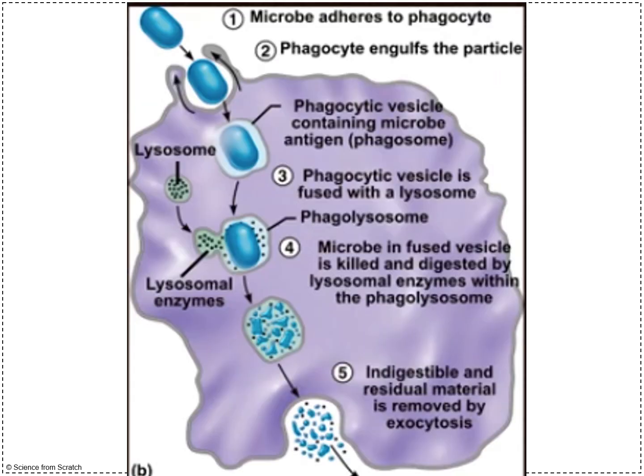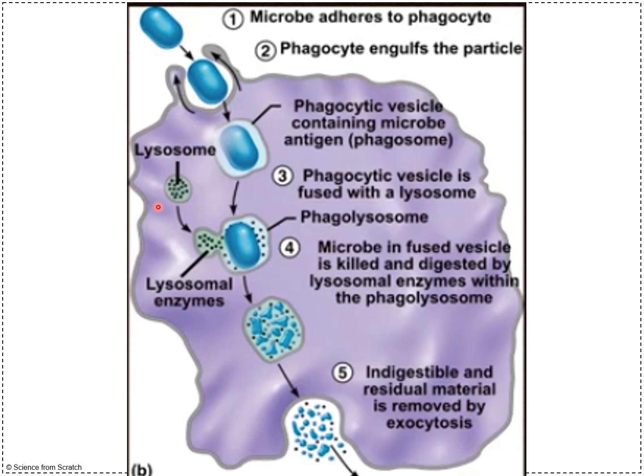And so when this happens, this is actually a nice diagram because you can see the purple blob is actually the phagocyte, and this little blue rod is the microbe. And so that microbe will adhere to the white blood cell, and that cell membrane will start to surround the microbe, and it will form a vesicle around the microbe, drawing that microbe inside of the cell.